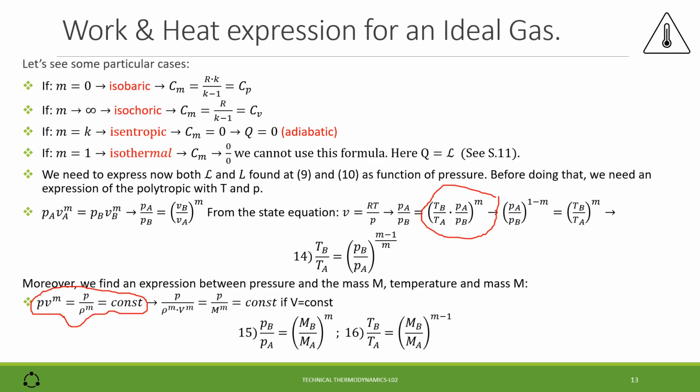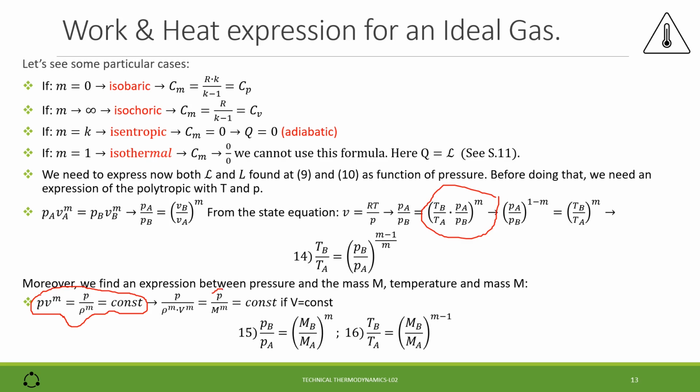And finally, we find this expression, the pressure at state B over the pressure at state A equals the mass at state B over the mass at state A to the power m.